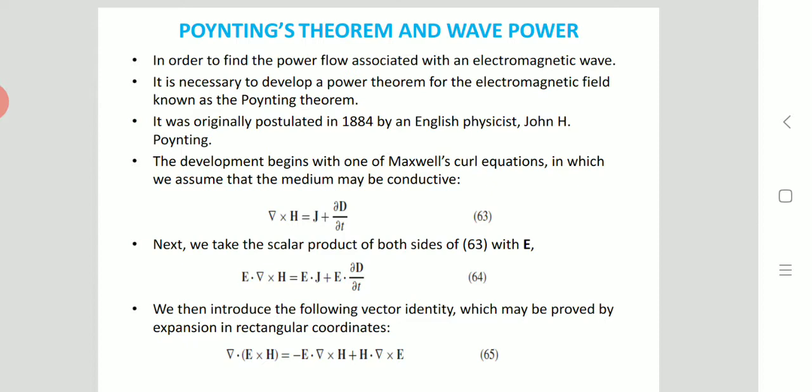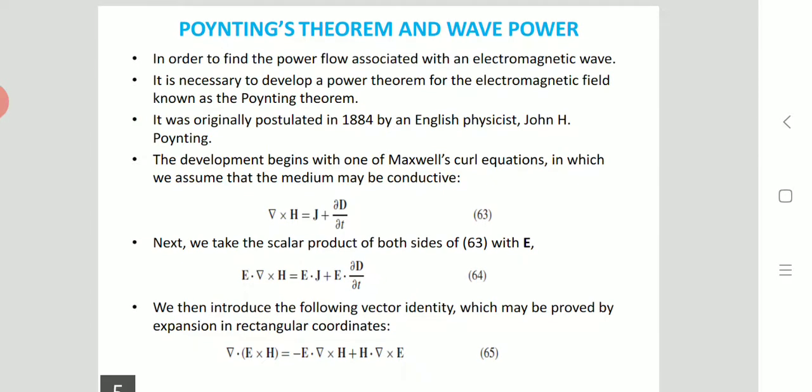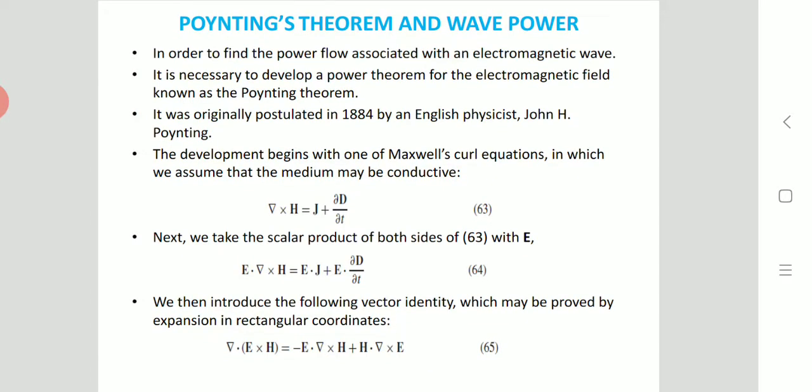Next we take the scalar product of both sides of the above equation with E. So E dot del cross H is equal to E dot J plus E dot dou D by dou T. Now we introduce the following vector identity, which may be proved by expression in rectangular coordinates: del dot E cross H is equal to minus E dot del cross H plus H dot del cross E. This is equation number 65.